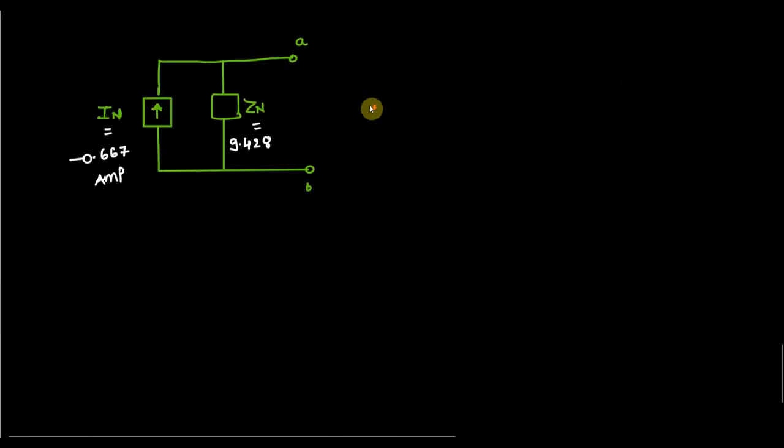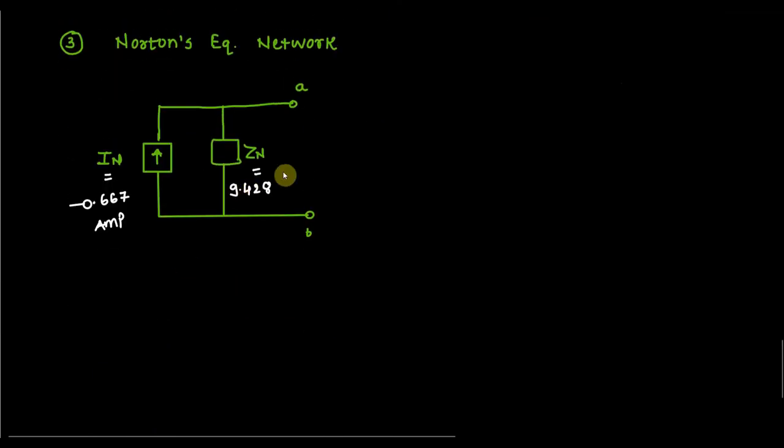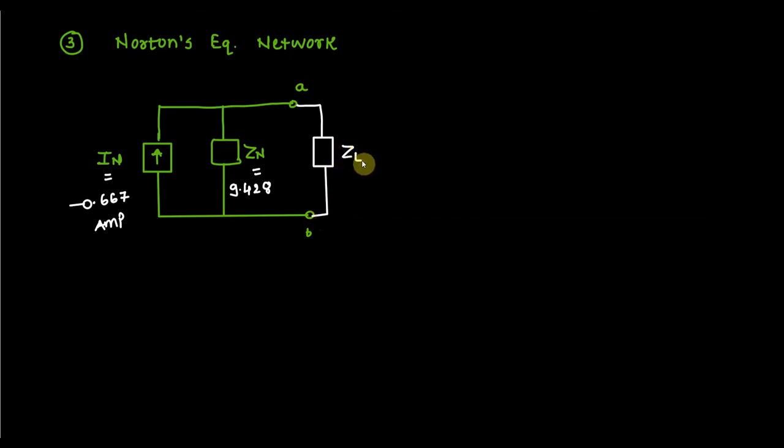Replace the short circuit with the load impedance ZL that we removed. This is your ZL, and its value is 10 ohm, because we have to find the current through that ZL, and they have asked us to find this current IL.